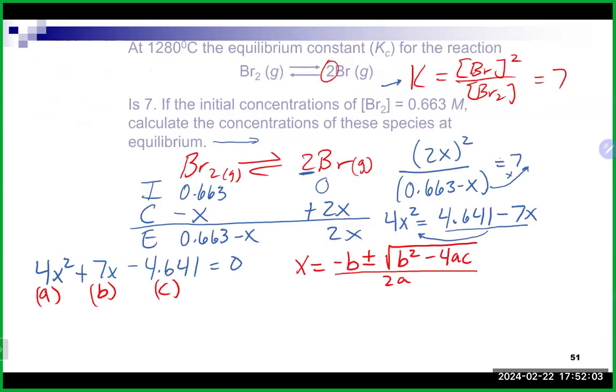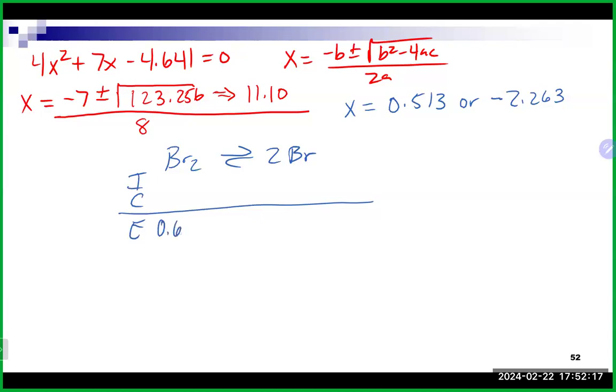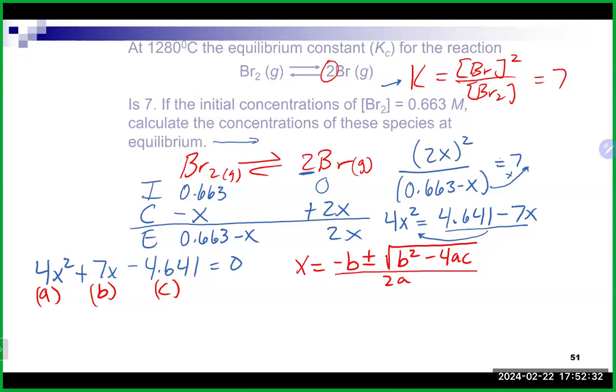So if I go back to my ICE table here, for Br2 and 2Br, initial, change, equilibrium, we'll just look at the equilibrium line. At the equilibrium line, we had 0.663 minus x and 2x, I believe. Which number would not be a good number here?